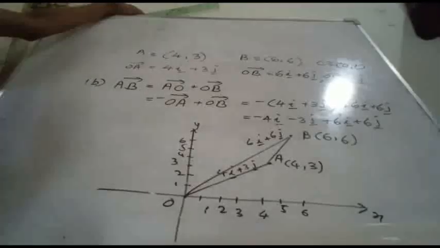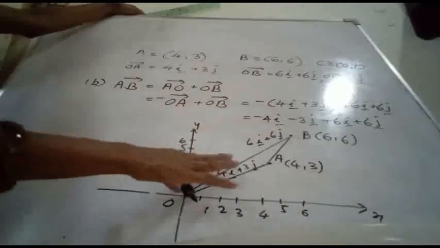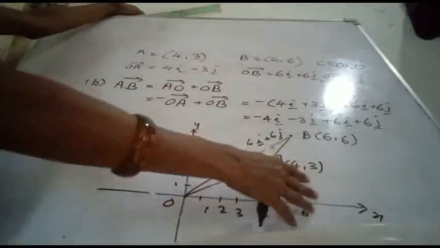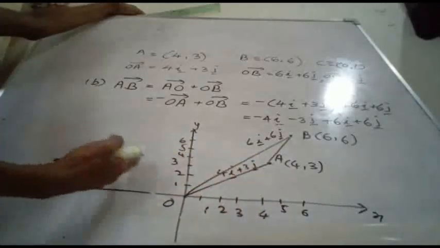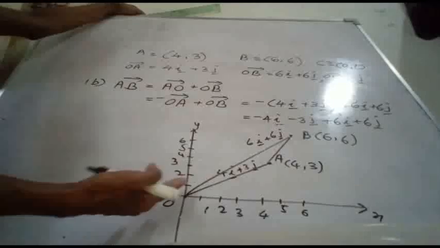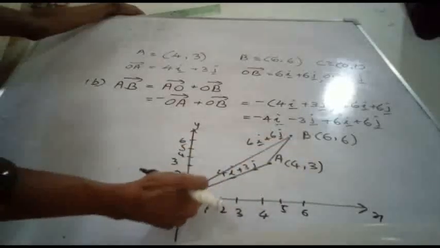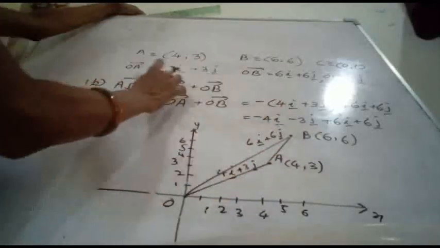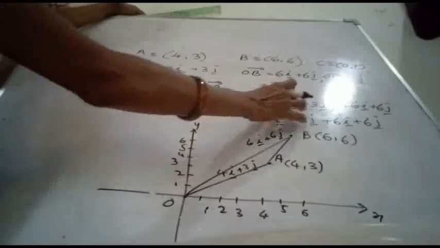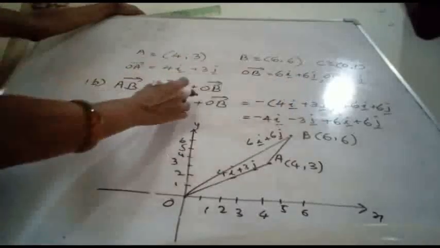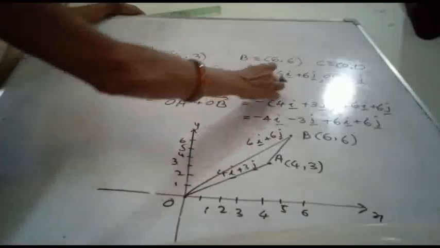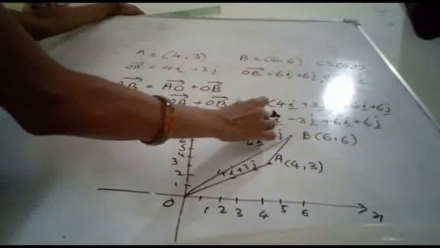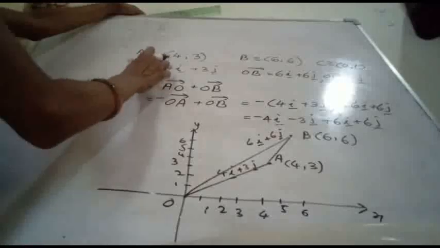We are not drawing these figures, so I will explain this with a figure for you. With AO plus OB, vector OA is equal to 4i plus 3j. Vector AO is equal to negative OA, so we change this sign.